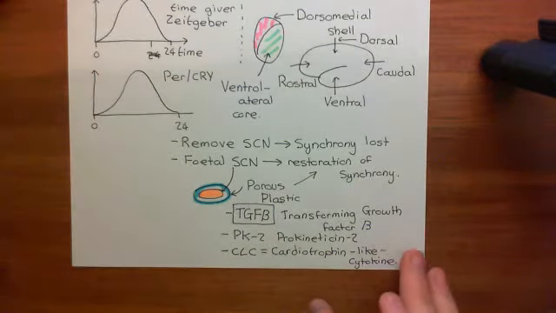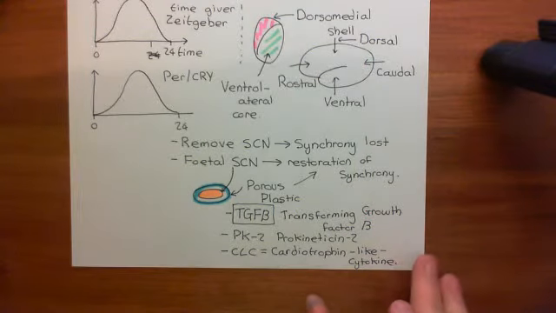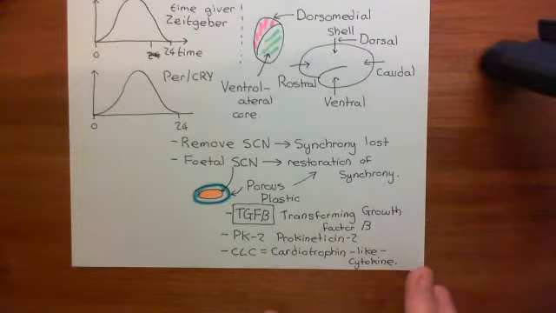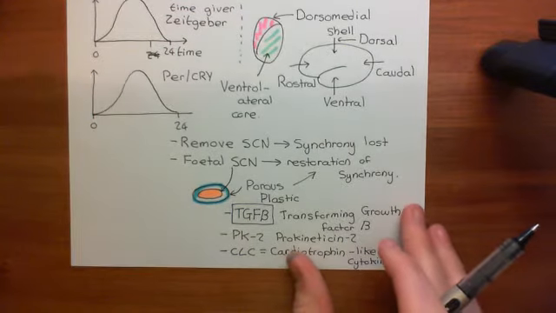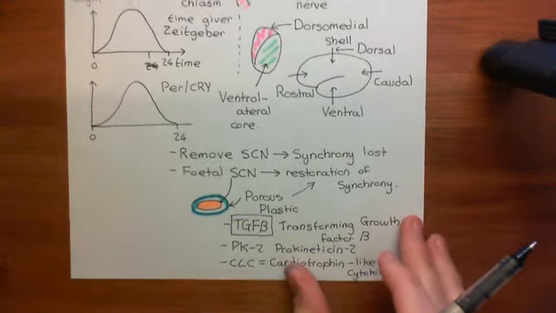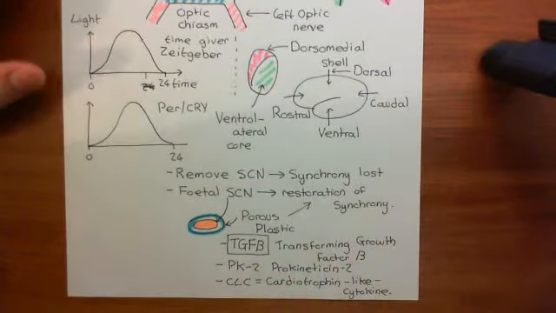So what we want to look at now is the pathway by which the neurons of these suprachiasmatic nuclei become in sync with the light-dark cycle. For this we're going to have to start with the eye, because the eye is where we get visual information. Visual information is going to be coming from the retina to the suprachiasmatic nuclei, and we want to look at how this works.